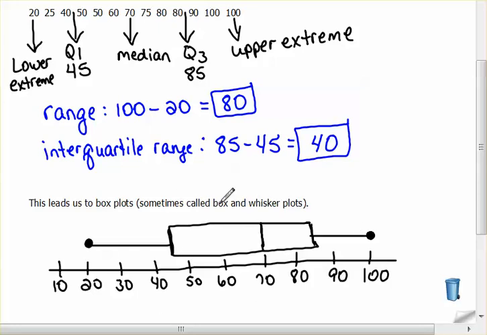This is what's called a box and whisker plot. And we can look at this and we can see that the middle data value was 70, but we have quite a few scores that were below that, all the way down to a 20, and then the same number of scores that were above that to 100. So that tells us a lot visually about what our scores looked like.